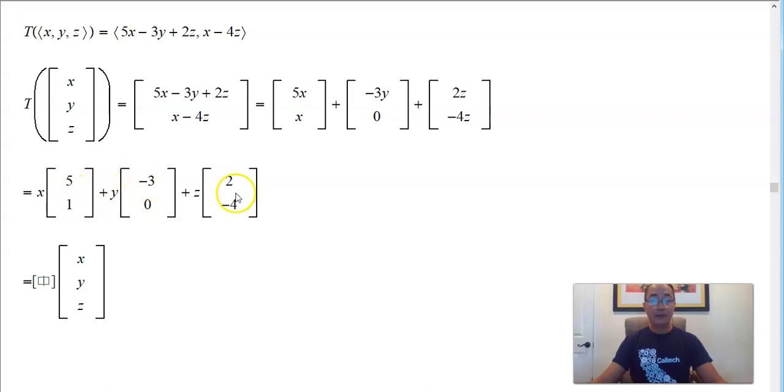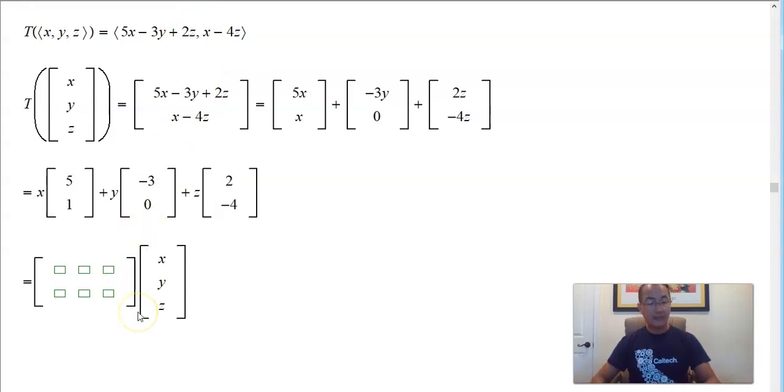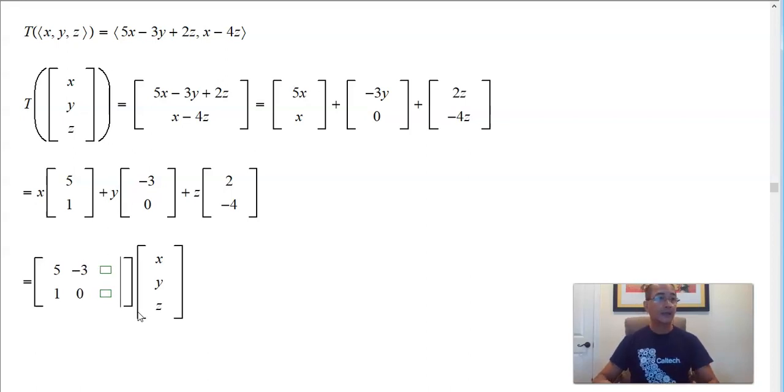Well, there are 3 columns. Each of them is from R2. So we need a 2 by 3 matrix. So 5, 1 in the first column, minus 3, 0 in the second, and 2, minus 4 in the third.